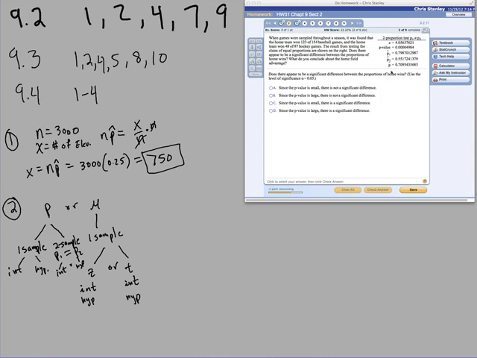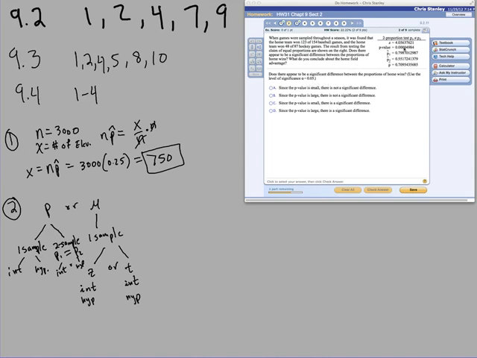The p-value is the probability that these things would be different from each other.